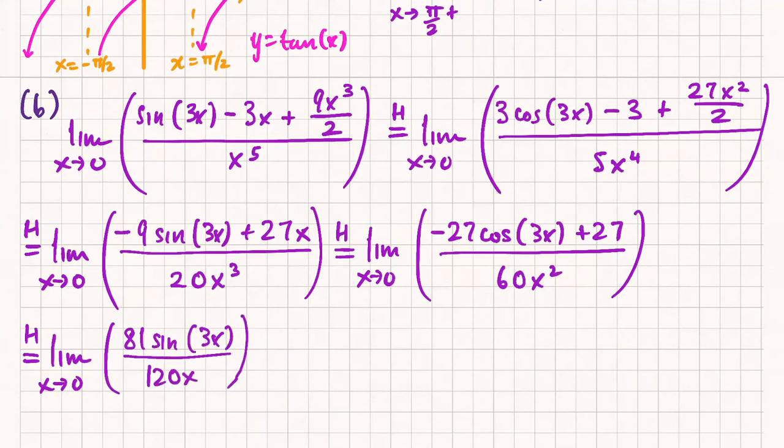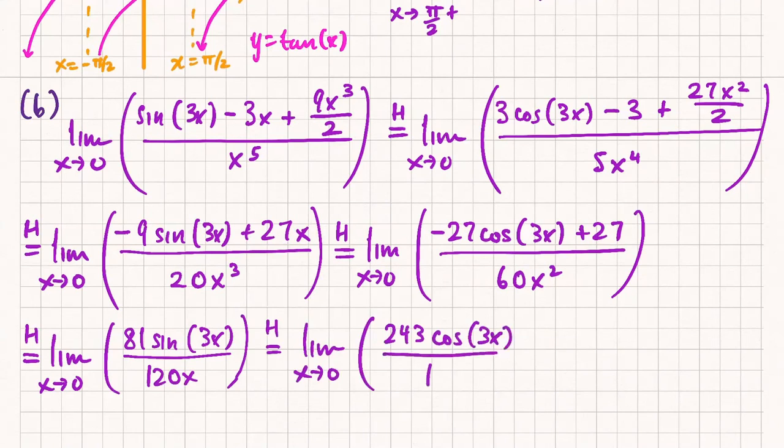I get 0 over 0 a fourth time or fifth time, whatever it is. 243 cosine 3x over 120. And then finally, do I get 0 over 0? Can I do another L'Hopital's rule? No. So I can just substitute and I get 243 over 120, or 81 over 40, whatever you want to simplify that to.